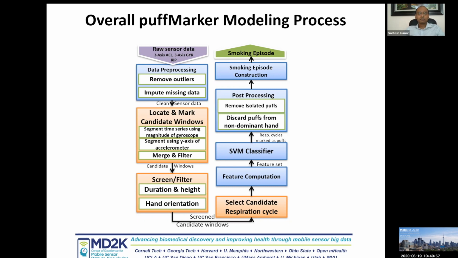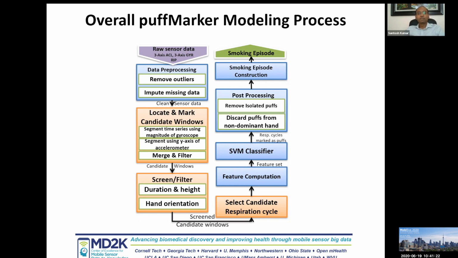Similar to the cocaine model, we screened for hand-to-mouth gestures that had sufficient duration and height and the right hand orientation. Then we selected the candidate respiration cycle that corresponds to that hand-to-mouth gesture, computed the features, and put them in the SVM classifier to detect each puff.